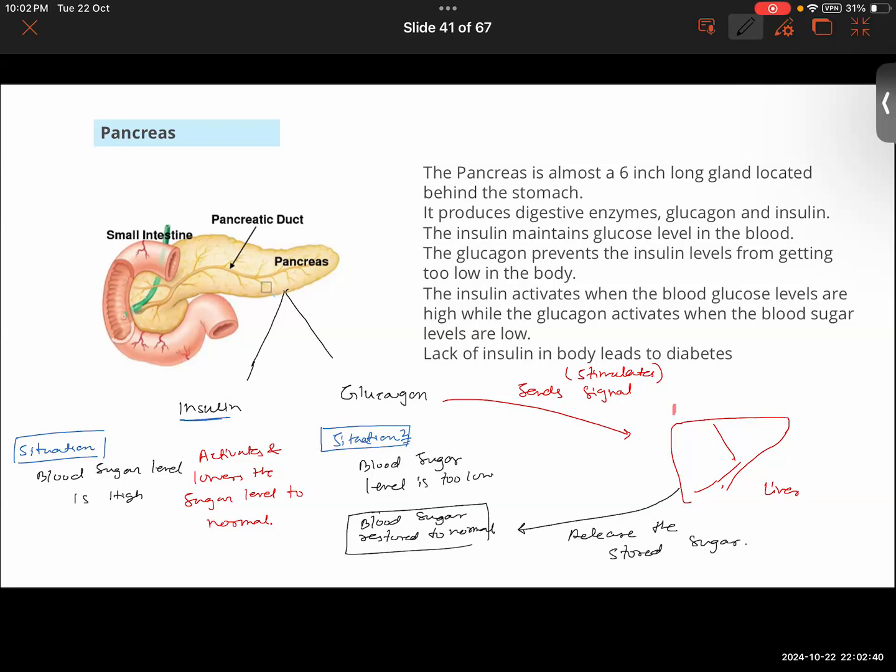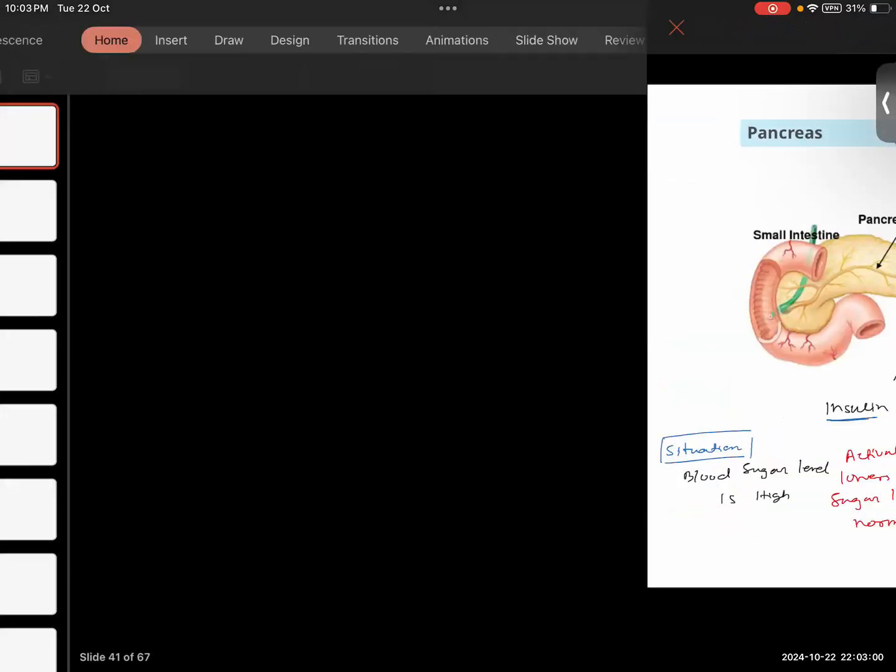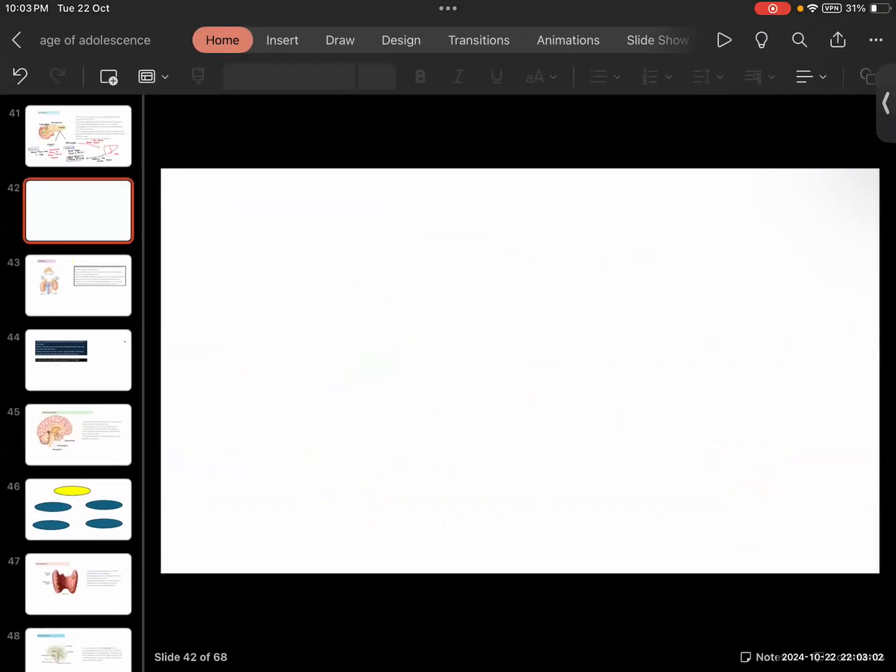And after eating, how much is it? Right after eating, it will increase. But if you take the blood sugar test 3 to 4 hours after eating, it is between 120 to 140. You guys can understand why immediately after eating the blood sugar level will be high, because you have just eaten the food. The food goes into the bloodstream after digestion.